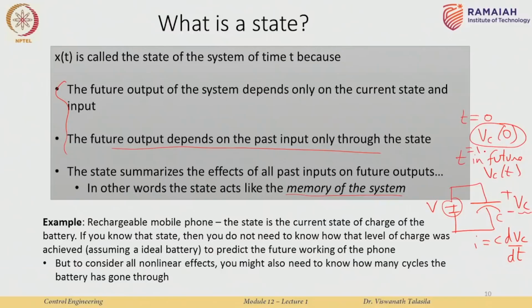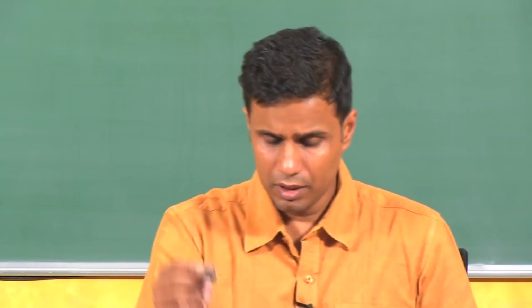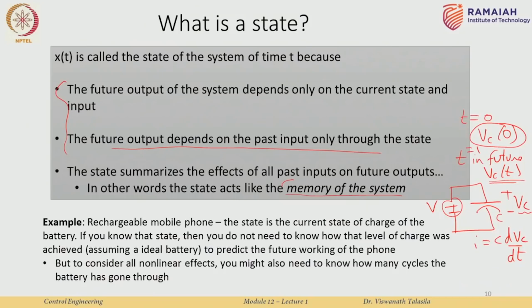So, for example, at t equal to 1, as long as I know the value of the state at time t equal to 0 and I know the kind of input I am going to give, I can always calculate Vc of t. I do not need to know what happened 1 hour before, I do not need to know what happened 1 day before, as long as I have the total information of the state as of now, all right. So, that is essentially what is loosely called a memory of the system, all right.